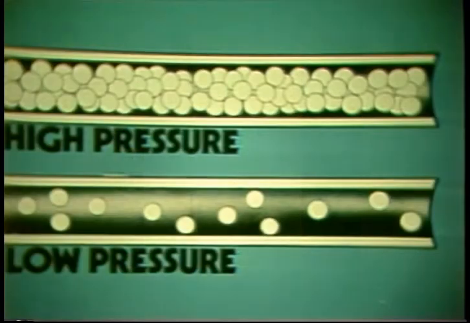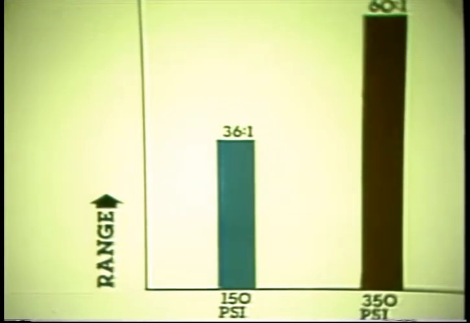If the company needed to send more gas, they could increase the pressure by squeezing more gas into the pipeline. Of course, any increase in the flowing pressure will also increase the flow rate of the gas. Now, say the pressure is increased to 350 psi. A turbine meter would still measure accurately because its range would automatically increase to 60 to 1.